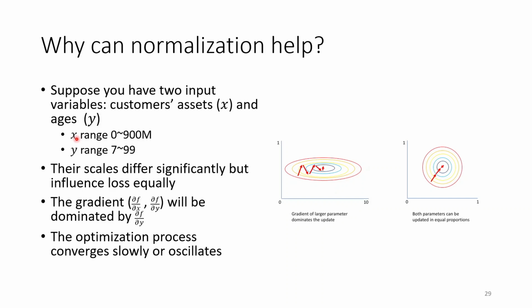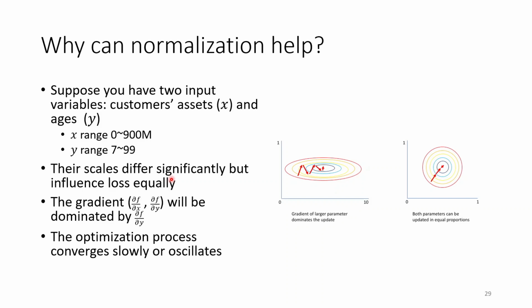If we measure the assets in terms of New Taiwan dollars or US dollars, no matter how, the range of the value might be 0 to a very, very large number, or even a negative value to a very, very large number. So the range is very, very large. When the range is very large, what will happen when we do backpropagation? If you just slightly change the age, you may generate a very big difference in your output.